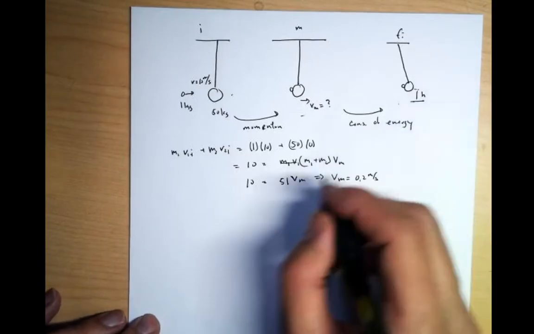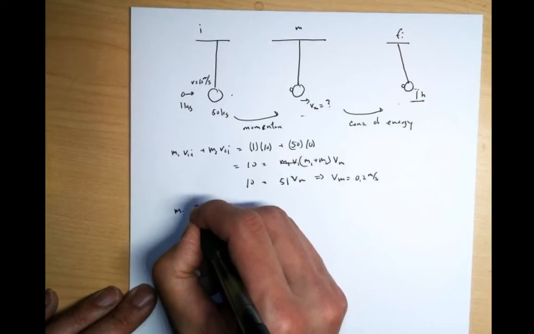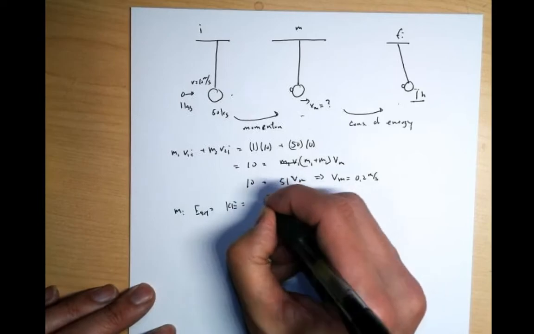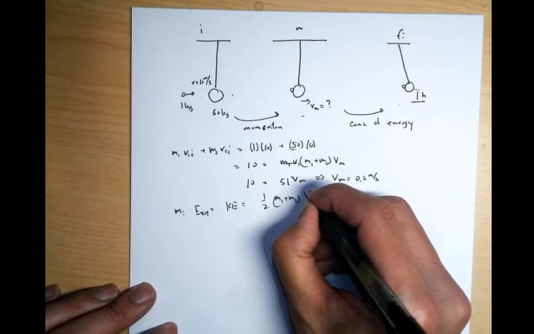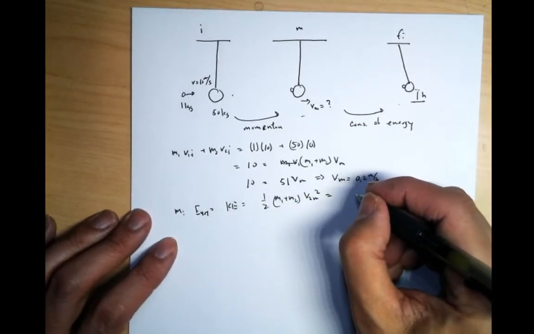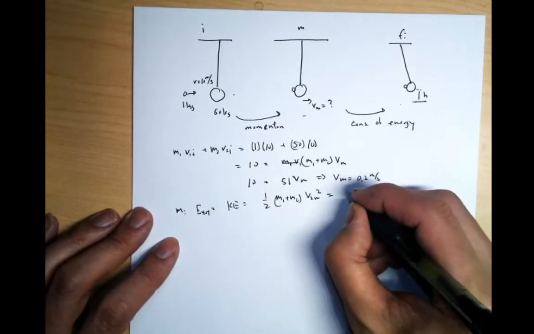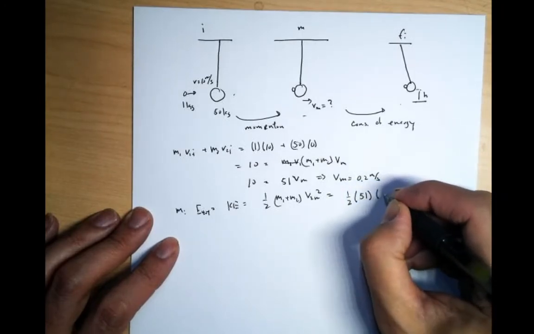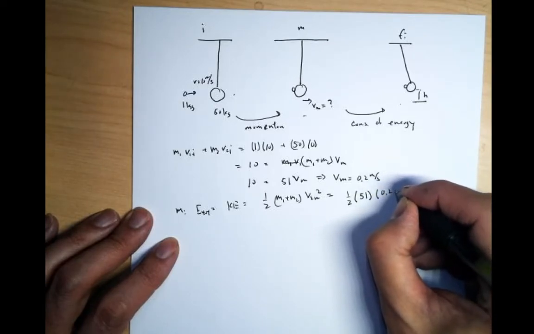So we'll work on this side now, conservation of energy. In the middle state, the total energy is just kinetic energy. It's just 1/2 (M1 plus M2) V middle squared. Okay? So let's go ahead and work that out. This is just going to be 1/2 times 51 times 0.2 squared.